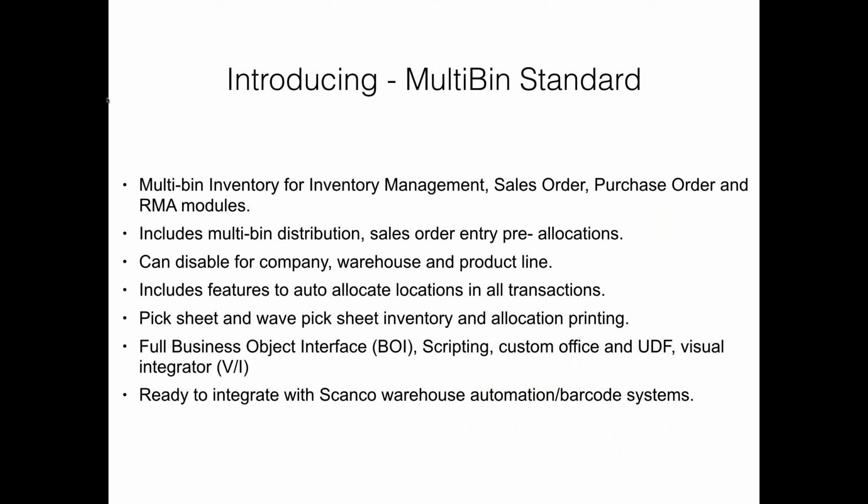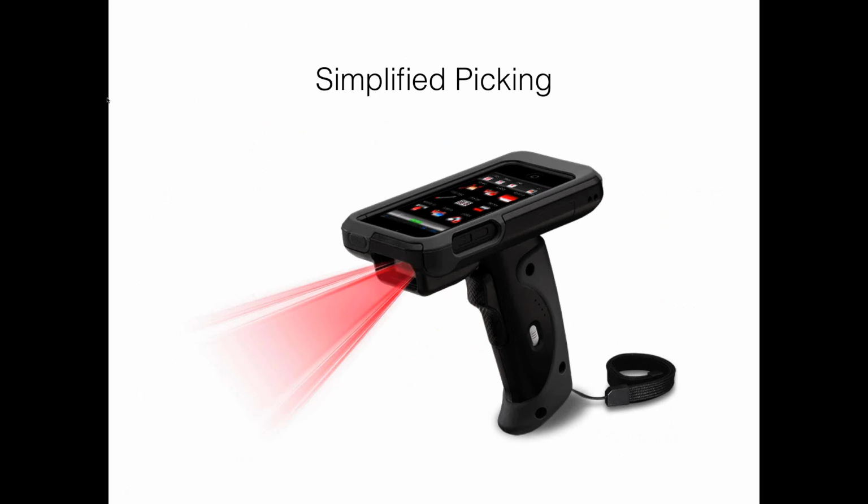One of the things that we are going to cover at the start of the demo is the introduction of MultiBin Standard. Once again, as products evolve, they become larger and larger. So we have now come out with MultiBin Standard, which is essentially the core functionality of the MultiBin product. It's going to enable all of the features that you've come to know and love, but without some of the enhancements that may not be necessarily a good fit for your organization.